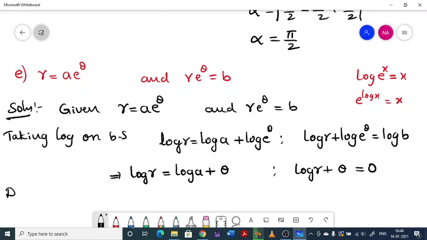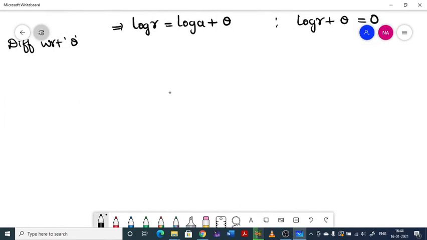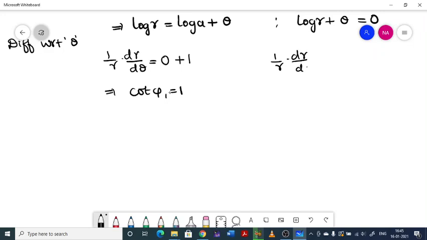Now differentiating with respect to theta. What we get? 1 by r into dr by d theta equal to log a 0 plus 1. So from this cot phi 1 equal to 1. Here 1 by r into dr by d theta plus 1 equal to 0.